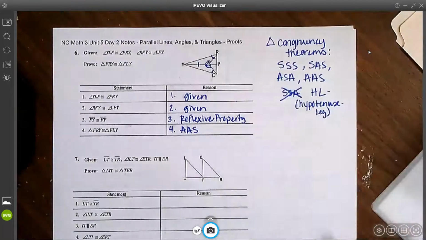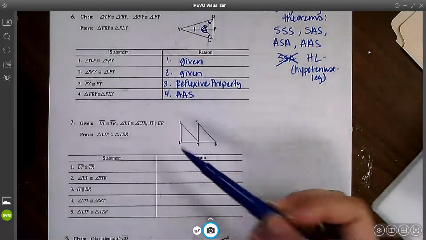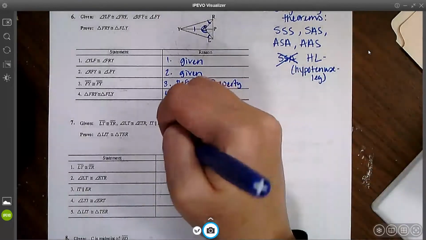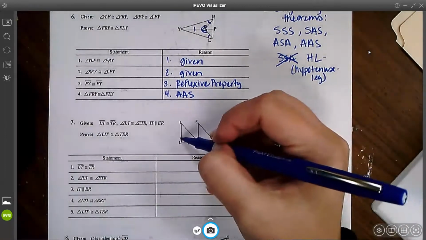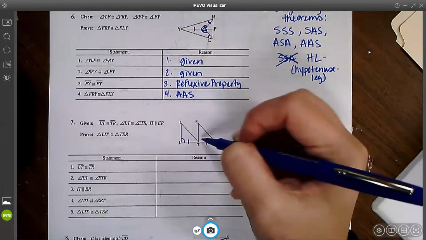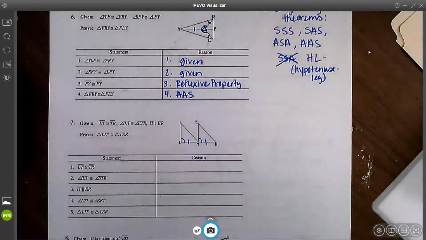The next one. It says segment LT is congruent to TR. So LT and TR are congruent. It says angle ILT is congruent to angle ETR. So ILT is this angle and ETR is this angle. Those might look perpendicular, but never assume anything unless it is given to you.